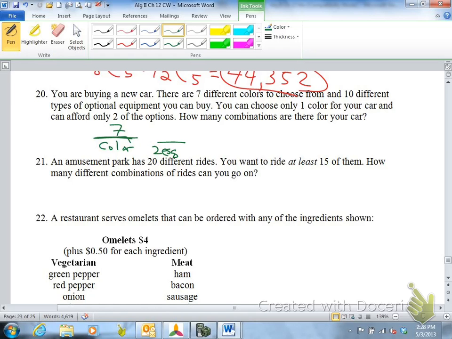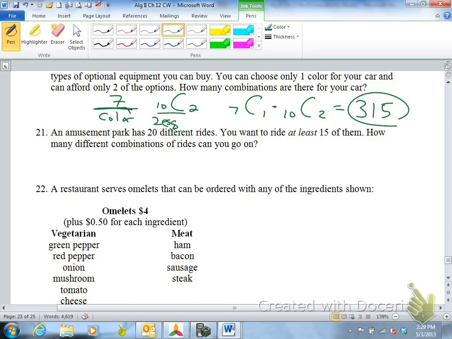So you'd actually have to do 10 choose 2. So you can think of it as 7 choose 1 times 10 choose 2. 7 choose 1 is 7 times 10 choose 2 is 315.